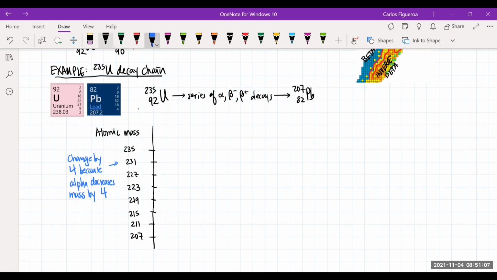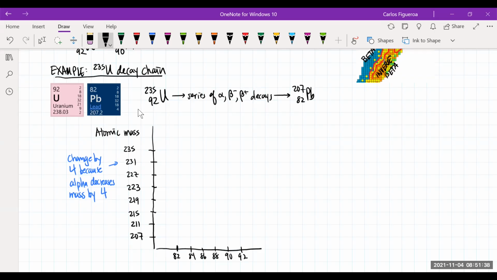Now what I'm going to do here is that I'm going to have this one here. And this guy here is going to be 82. And then I'm going to go to 84, 86, 88, 90, 92. And I just wanted to make it nice and tight, because I think this is really hard to draw.